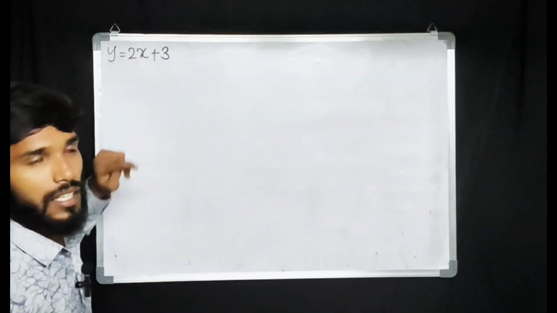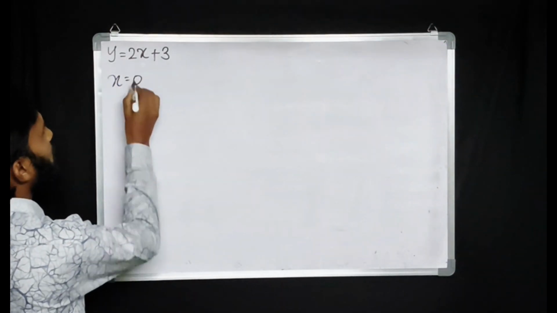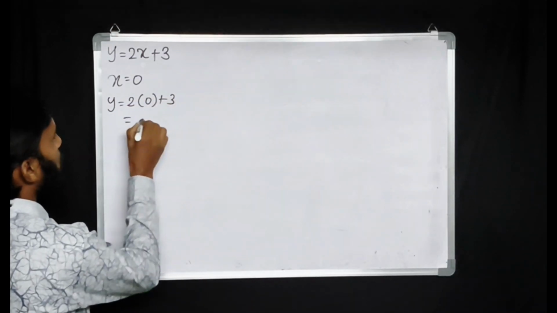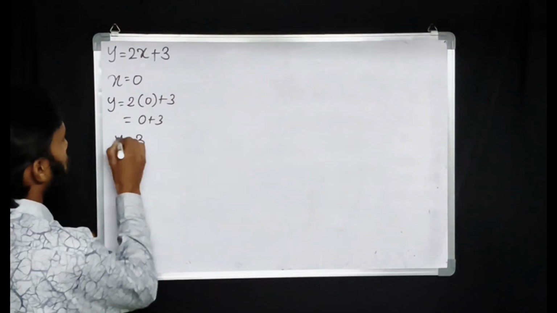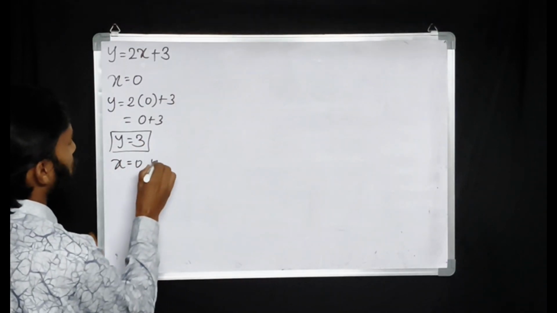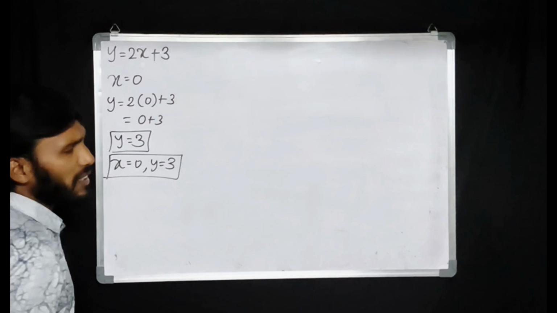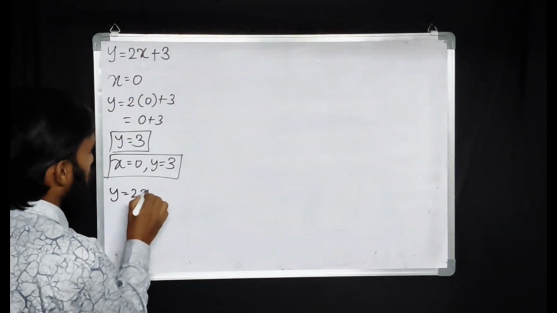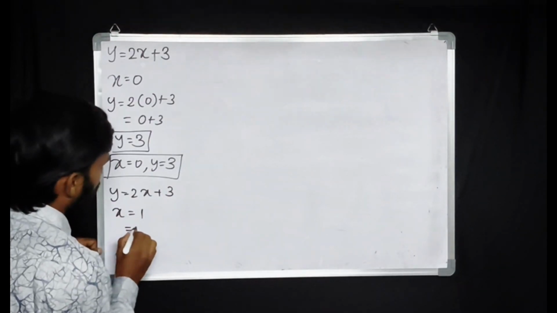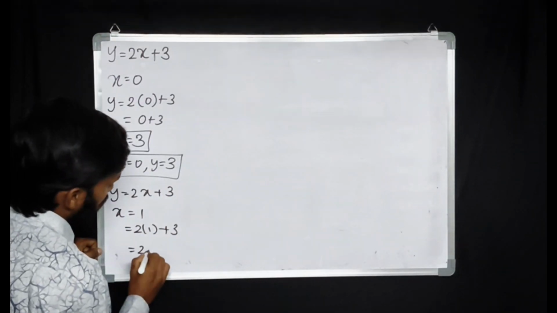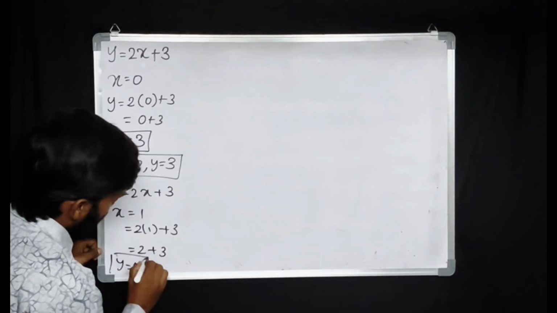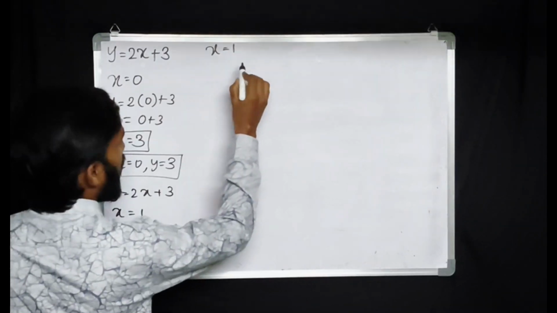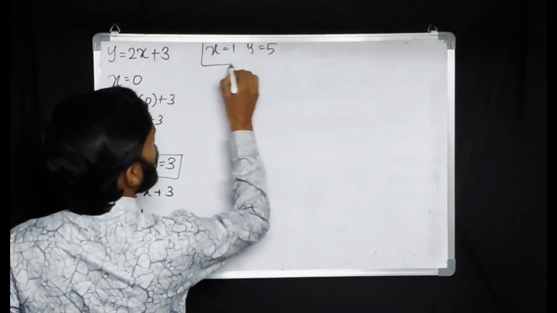For example, I am taking x = 0. Then y = 2 into 0 + 3 = 0 + 3, so y = 3. That means x = 0 and y = 3. This is the first point. Now take the second point: x = 1, y = 2 + 3 = 5. So x = 1 and y = 5.